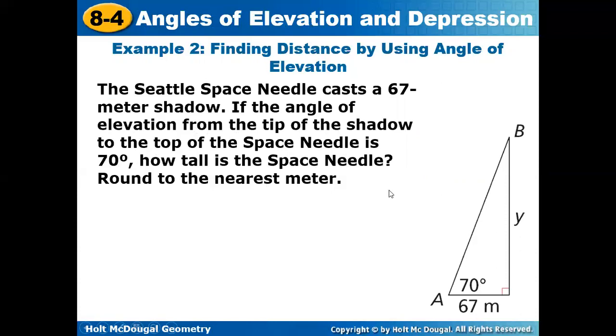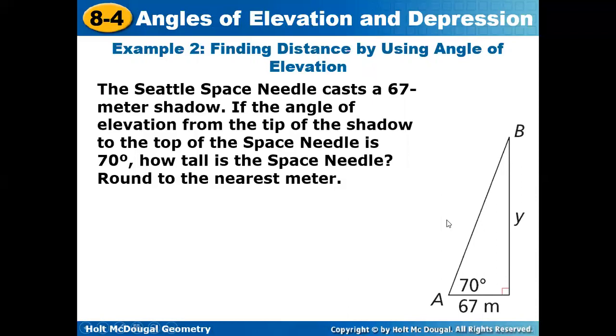In this question, if you look at this diagram, this is the Seattle Space Needle casting this shadow, which is 67 meters. And the angle of elevation, which is angle A, its measure is 70 degrees. And I ask you, how tall is the Space Needle? It means I ask you about this side.